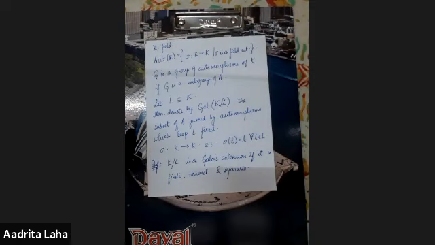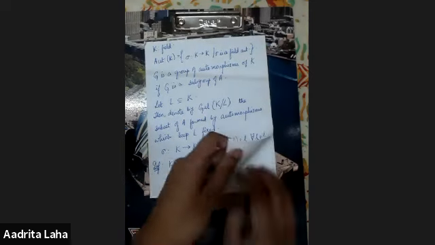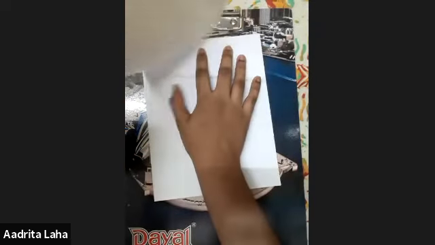So we will just deal with finite extensions and hence a finite Galois group. And what is a Galois extension? It is a field extension which is finite, normal, and separable.